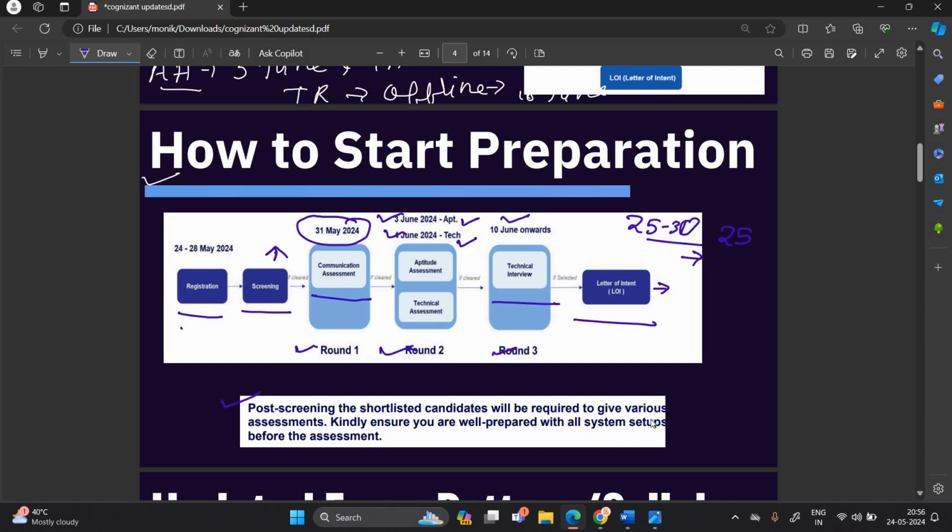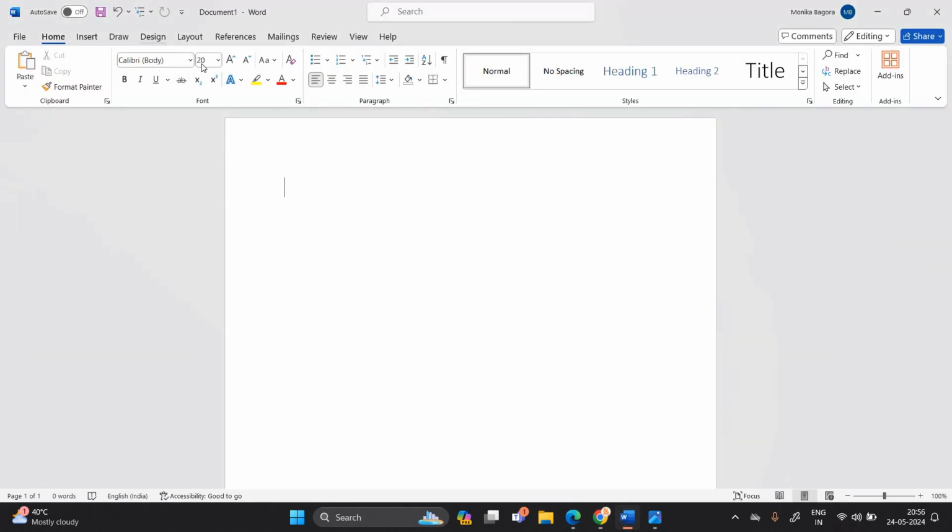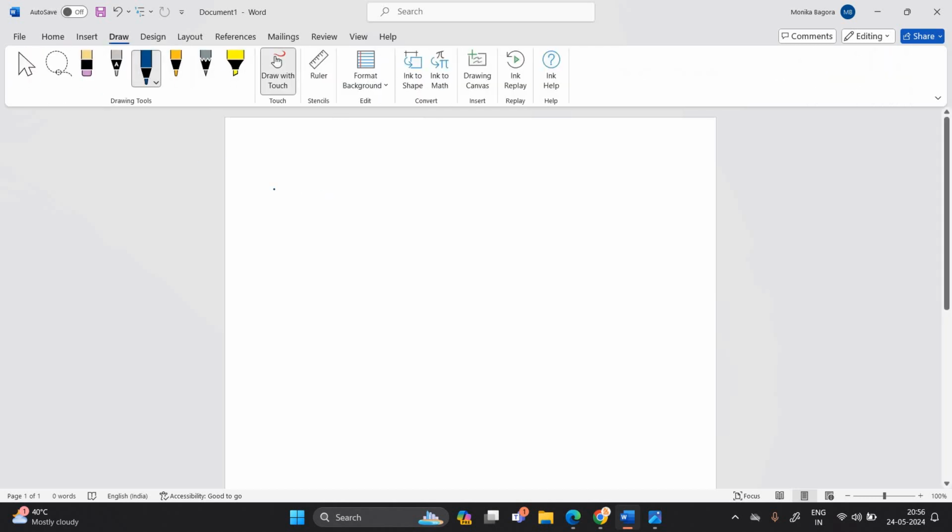Post screening, the shortlisted candidates will be required to give various assessments. Kindly ensure you are well prepared with all system setups before the assessment. One of the most important points I have to mention, guys: they mention the system check.